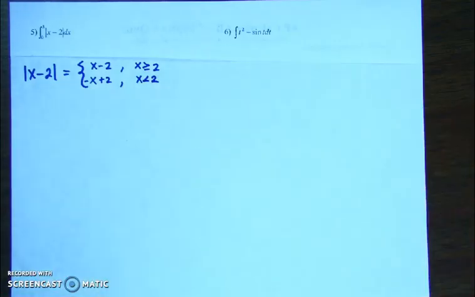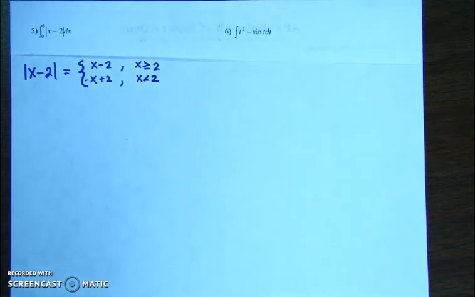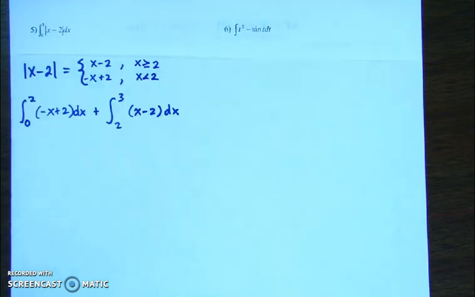Alright, problem number 5, you could have done it 2 different ways. You could have easily graphed the absolute value of x minus 2. Or you could have considered the piecewise function. And considering the piecewise function, you can break the absolute value of x minus 2 when you're integrating from 0 to 3 into the sum of 2 integrals.